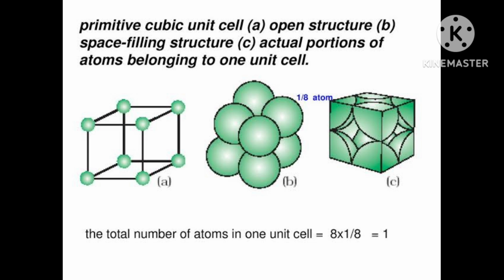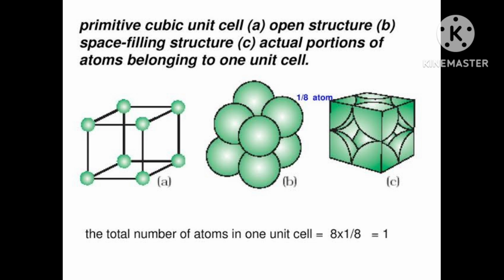Then because one atom is shared among 8, only 1 upon 8 portion, or only 1 upon 8th of an atom, molecule or ion actually belongs to a particular unit cell, because one is sharing with 8. One atom is sharing with 8 unit cells. Then with 1, how much? 1 upon 8.